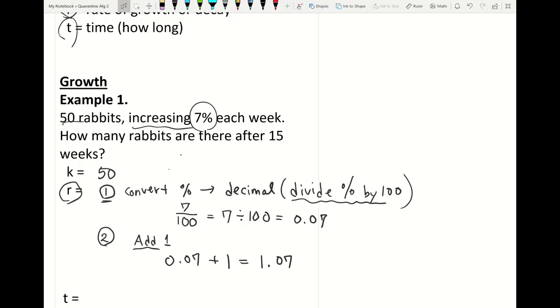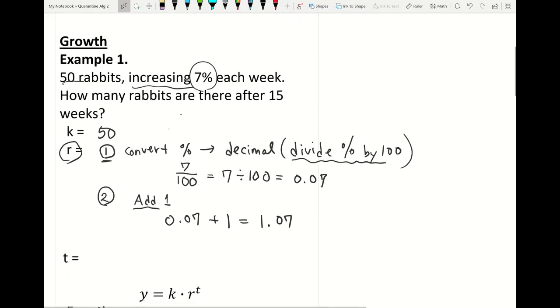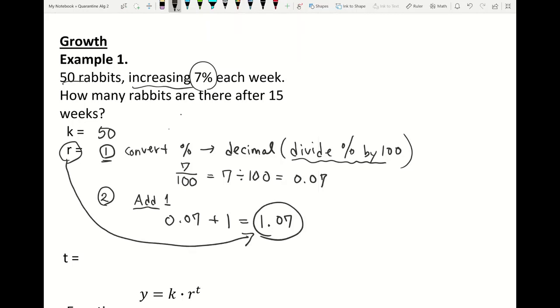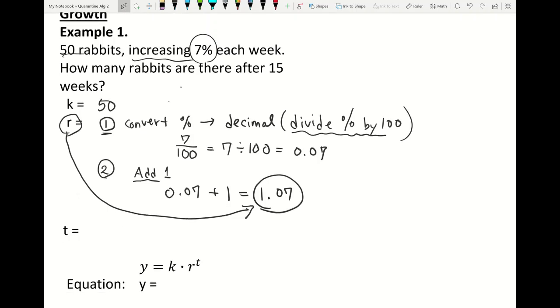Because we want to carry over all 50 rabbits next week and week after, right? So we want to carry over all 100% and plus 7% more to it. So we just don't want to have 7%. We just want to have all 100% of rabbit and 7%. So we have to have that 1 in front of that percentage. Okay, so the r value is going to be 1.07.